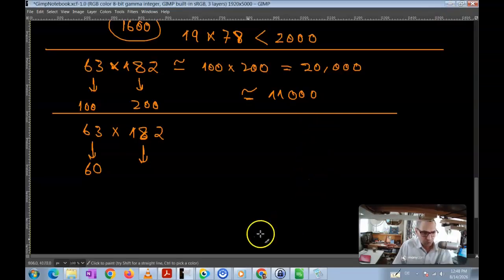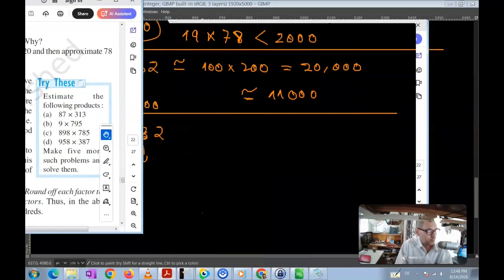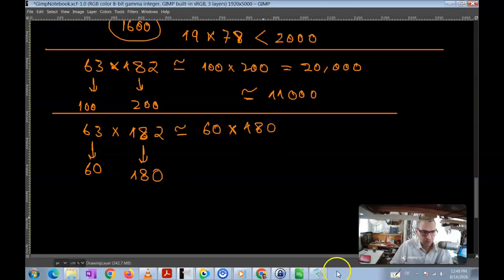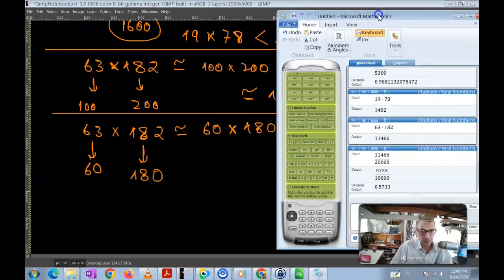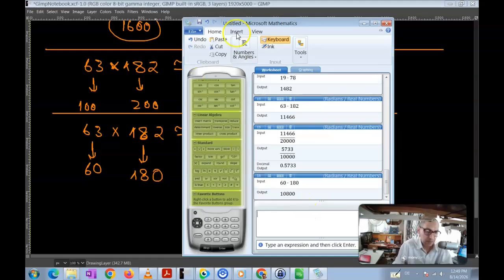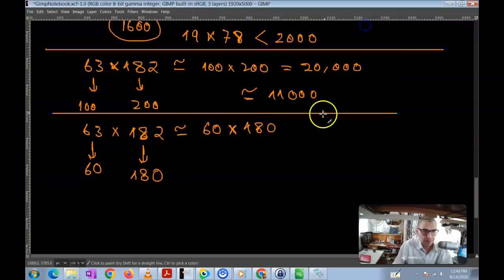So if you take 63 and round it to the tens place value, and take 182 and round it again to the tens place value, which would be 180, then this is very close to 60 times 180, which is 10,800.